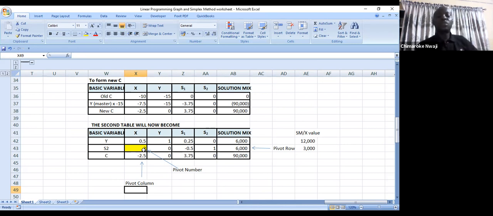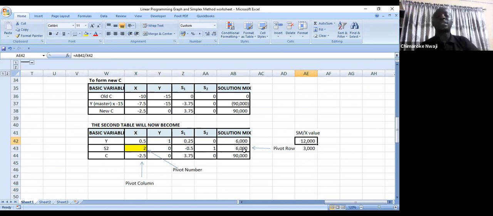Now, how do we know our pivot number and our pivot rule? Can you see this here? This is 6,000 divided by 0.5. 6,000 divided by 0.5 is as good as saying 6,000 times 2, which is 12,000.